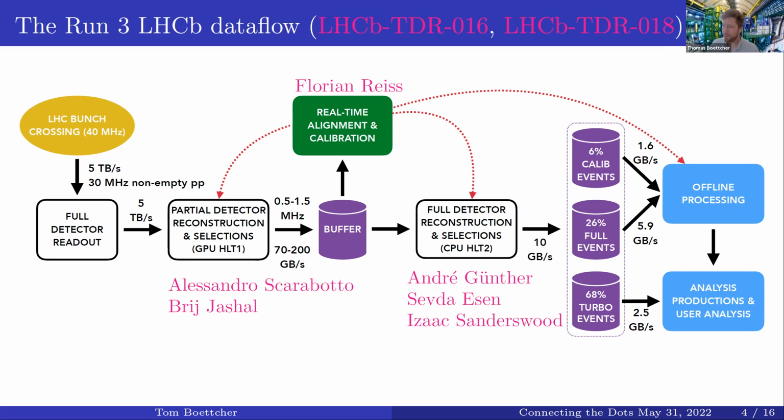And the question for why it's still on CPUs is, I think there are plans, or at least we're studying, eventually not having it on CPUs. So eventually having a hybrid GPU, CPU, HLT2 a lot further down the line. But this is sort of one step at a time. So eventually a lot of this reconstruction could be done on GPUs.